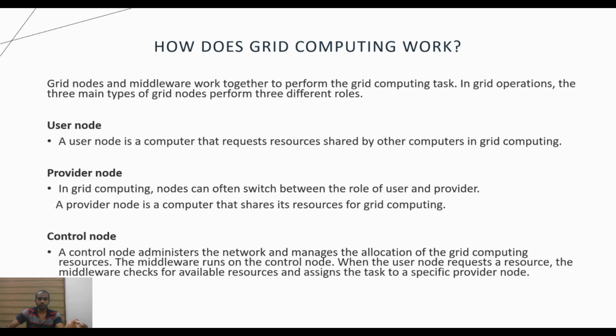The provider is a computer that shares its resources for grid computing. And finally, we have the control node. A control node administers the network and manages the allocation of grid computing resources, with the middleware running on control nodes. When a user node requests resources, the middleware checks for available resources and assigns the task to a specific provider node.